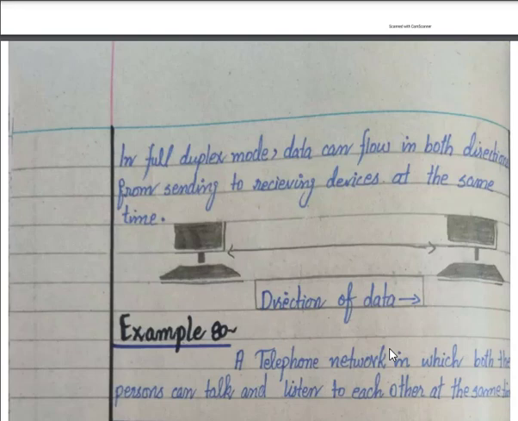The next one we have discussed is half duplex mode. Half duplex mode is basically where the flow of direction is always bidirectional, but you cannot send and receive data at the same time. An example is a walkie-talkie.